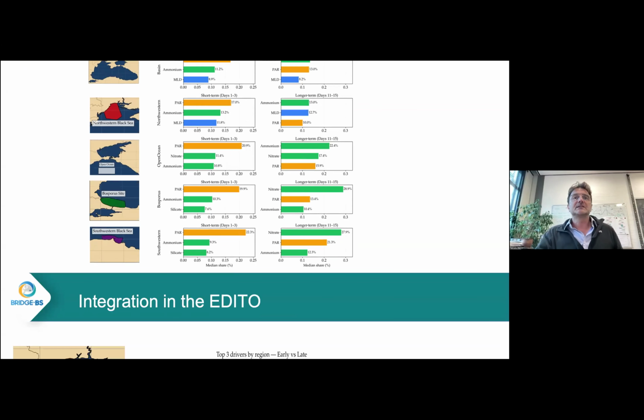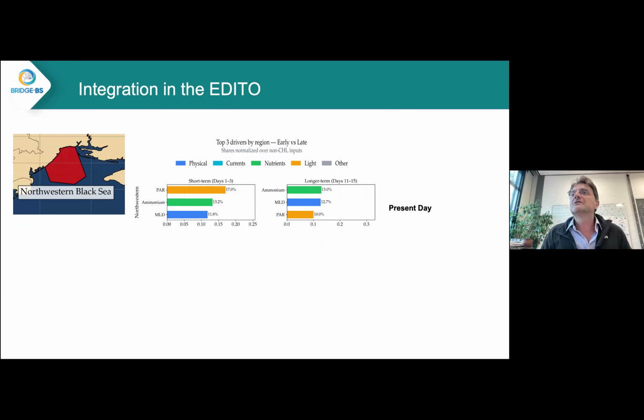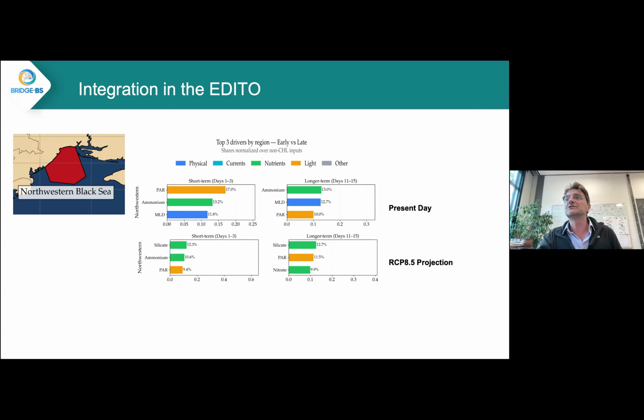So the way we see the integration at the moment, as Barish mentioned, is not yet finalized because this emulator work in Bridge has been done in the last period, and the next step is the integration in this demonstrator of DTO. But I think the way it can be done is having this regional focus, the relevant management unit, and try to have this analysis of indicators, for example, for the present day, but maybe for different type of scenarios.